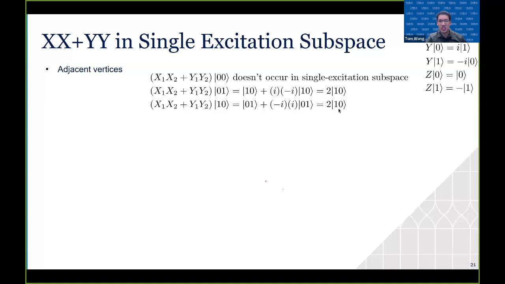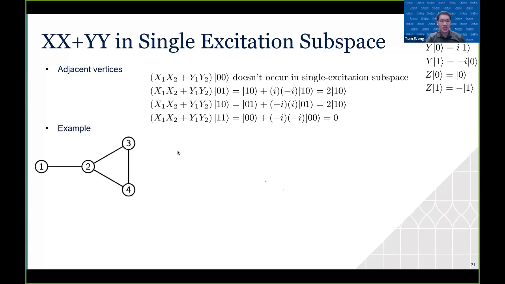Oh, sorry, this should be 2 times 0, 1. Sorry, that's a typo there. And then how does it act on 1, 1? So if the excitation is not at either vertex, then XX turns 1, 1 into 0, 0, and YY turns 1, 1 into minus i times 0 and minus i times 1. And minus i times minus i is negative 1. So we get 0, 0 minus 0, 0, which is just 0.